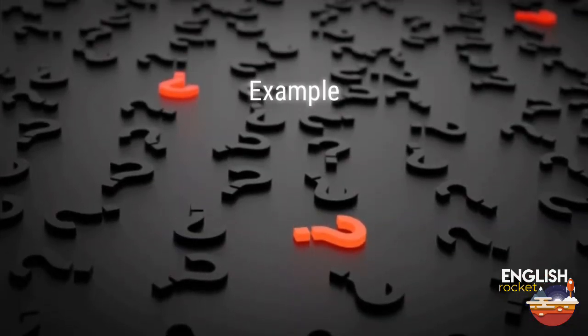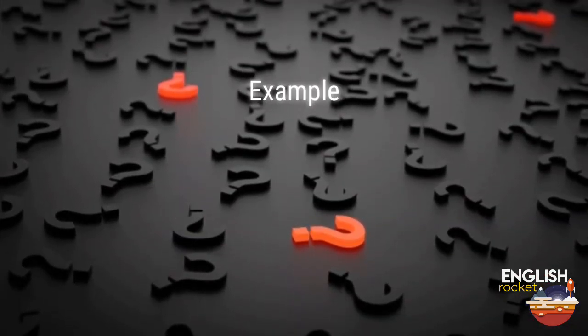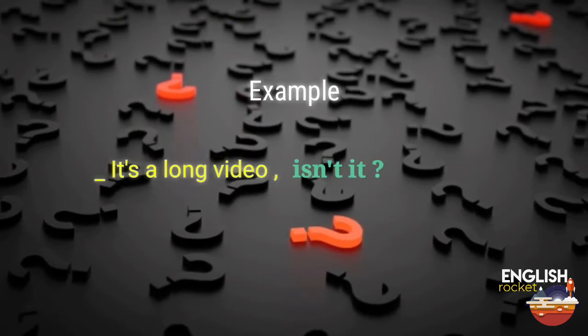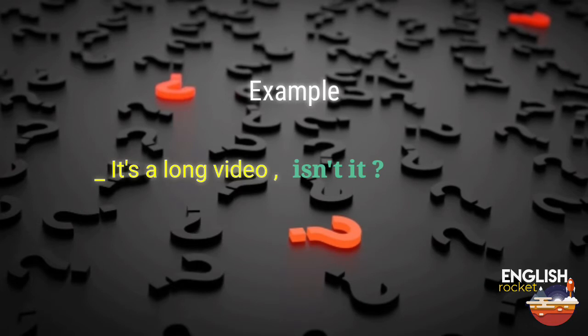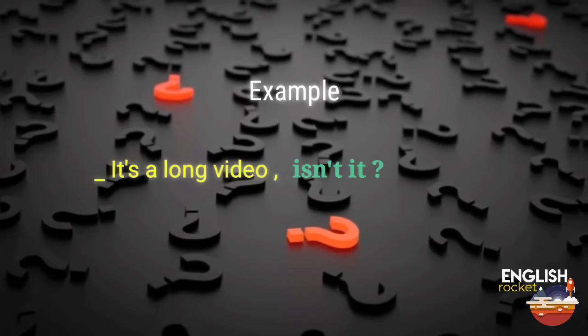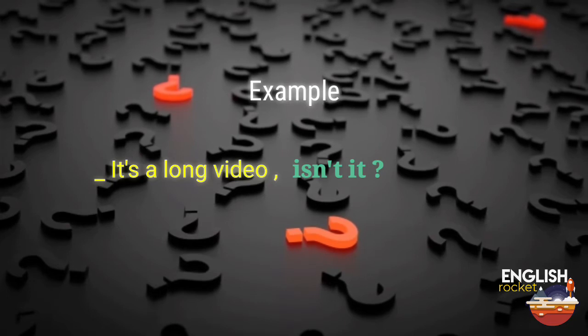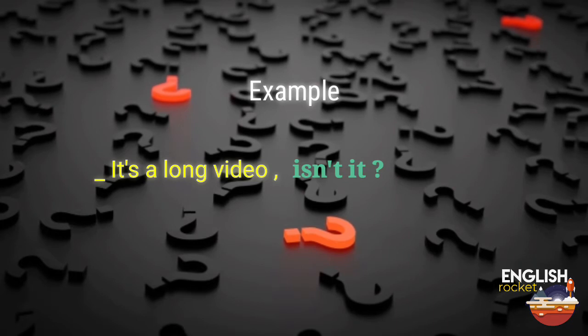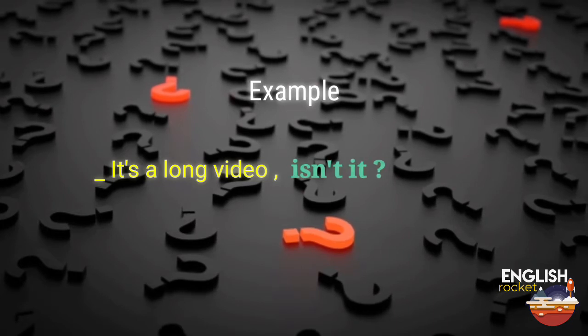To get the point more clearly, take the following example. It is a long video, isn't it? It's a long video. It's a statement, which means it's a sentence. But at the end of this sentence, we have a question tag. We have a question, which is, isn't it?